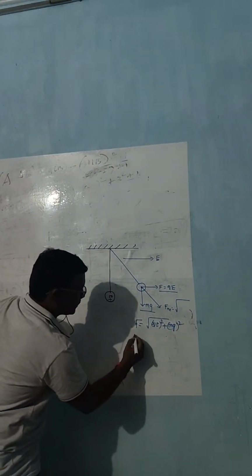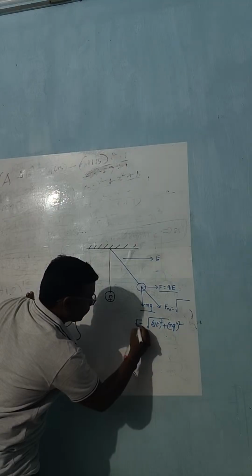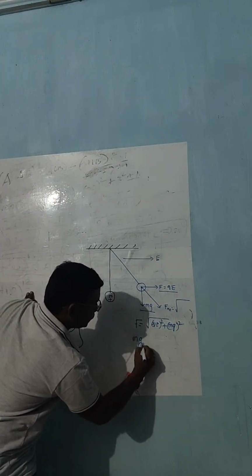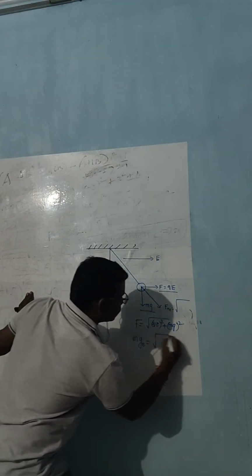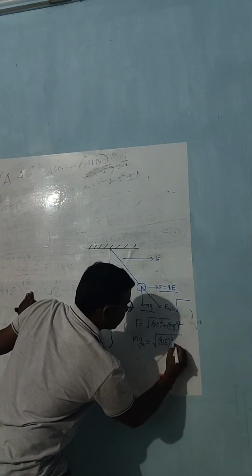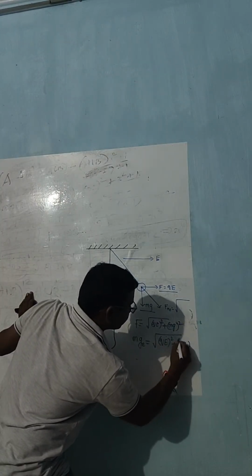If I write the effective acceleration, mg effective equals root of QE whole square plus mg whole square.